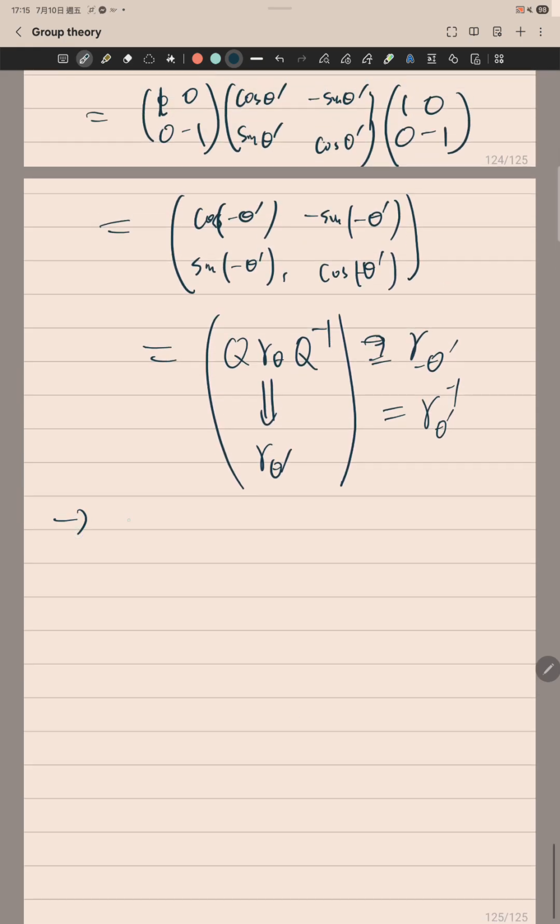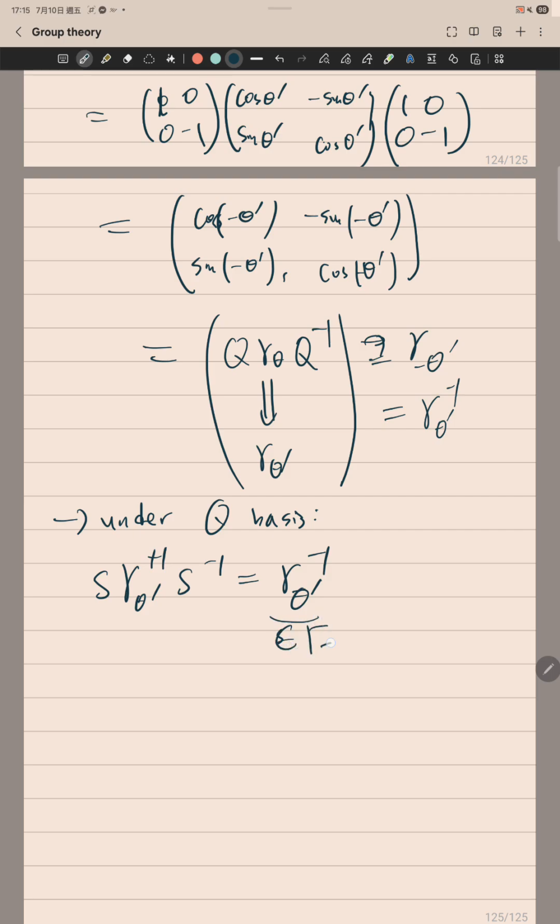Okay, so what this shows is that under this Q basis, S R theta prime S inverse will be R theta prime inverse. But under that basis change, this guy is still in the group, still in gamma plus, right?